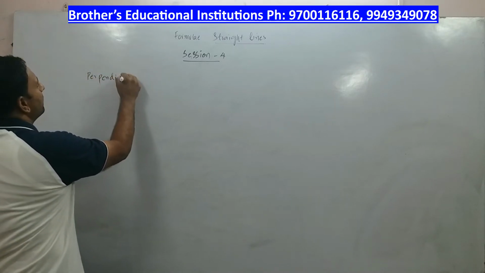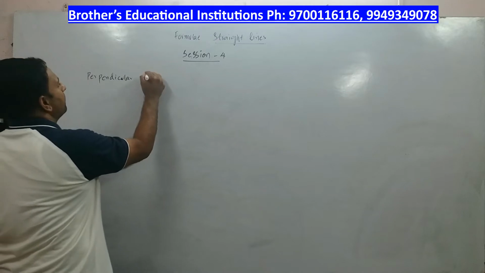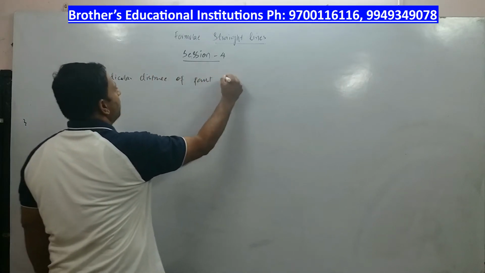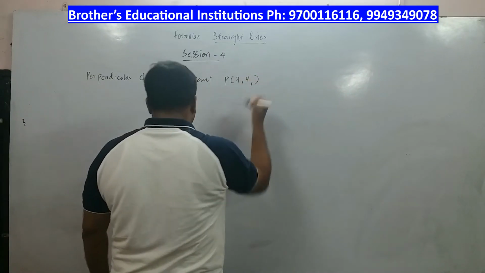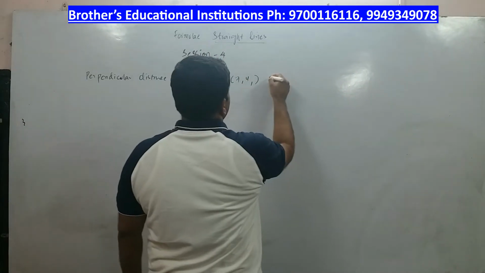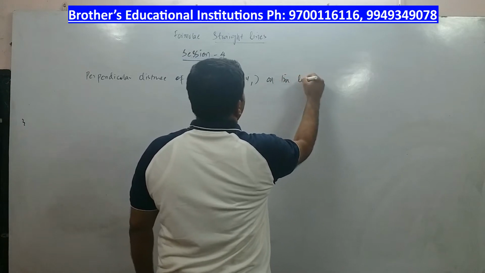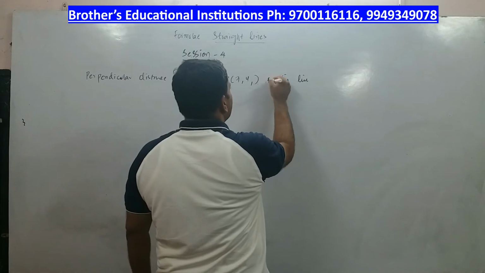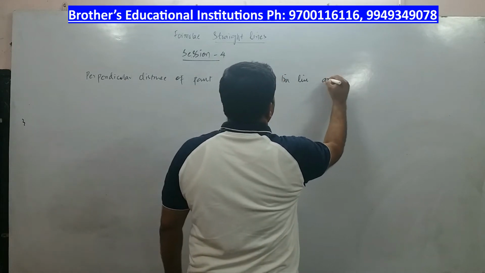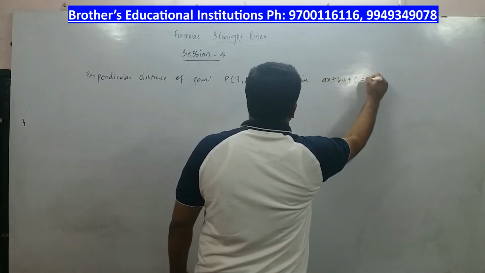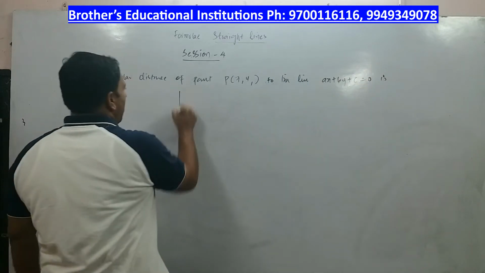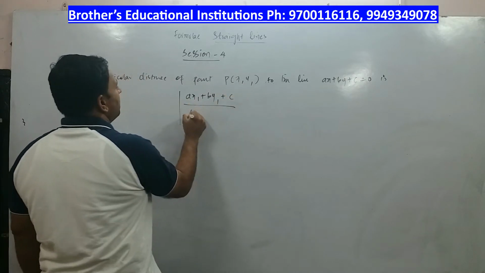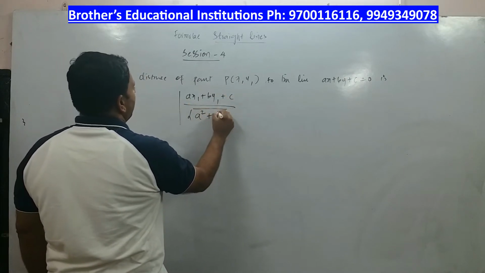The perpendicular distance of point P(x1, y1) to the line ax plus by plus c is equal to 0 is modulus of ax1 plus by1 plus c by under root of a square plus b square.